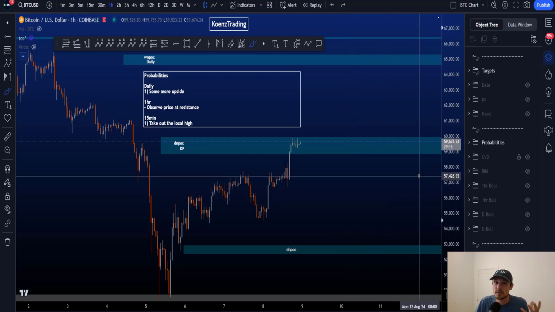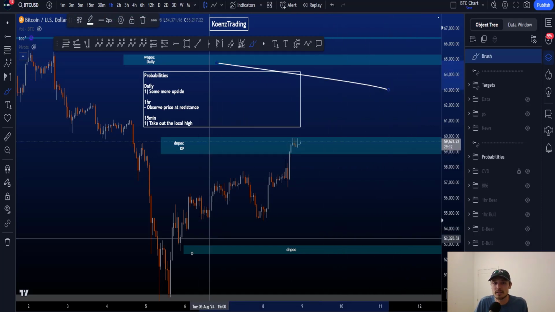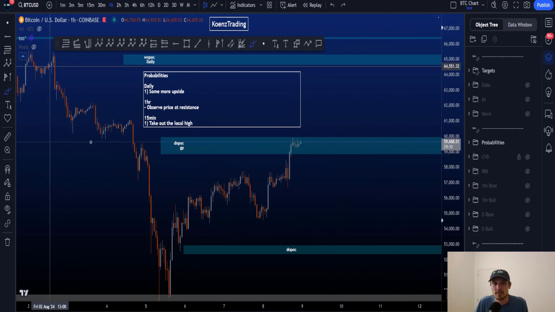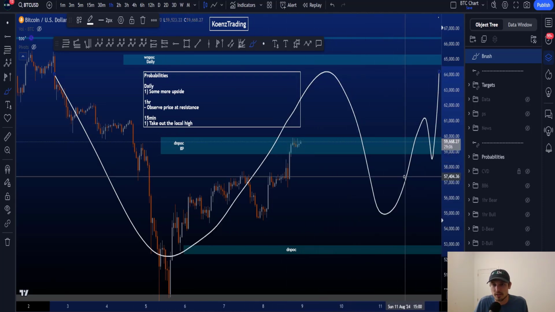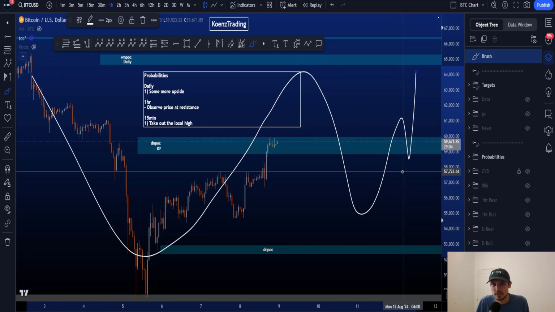And we should not forget that the alternative scenario for a wave Y is still a triangle, where we then have a wave A, we look for a wave B, C, D, E, and then continuation, but it's a bit too early to talk about this.